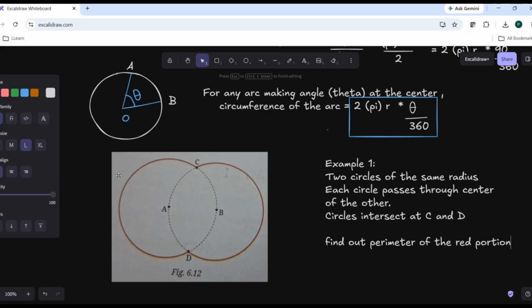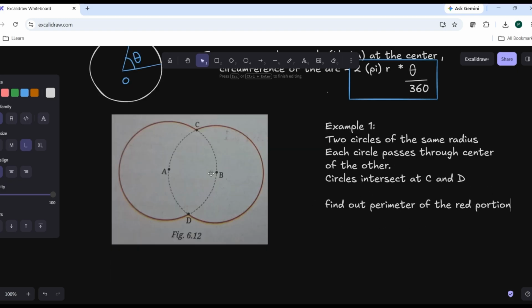When we see this, we are able to make out immediately that if we have to find out the perimeter of only the red portion of the circle, this means we are excluding the part between C to D on both sides. We need to exclude this CAD and we need to exclude CBD.